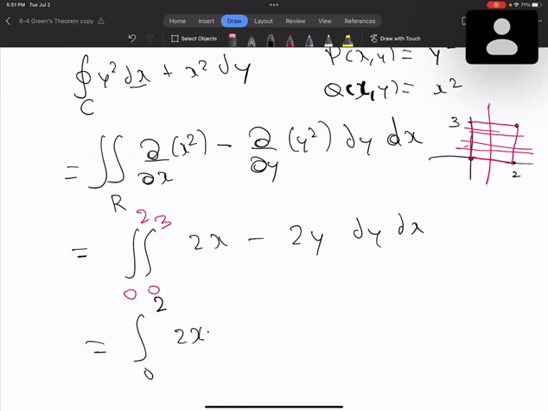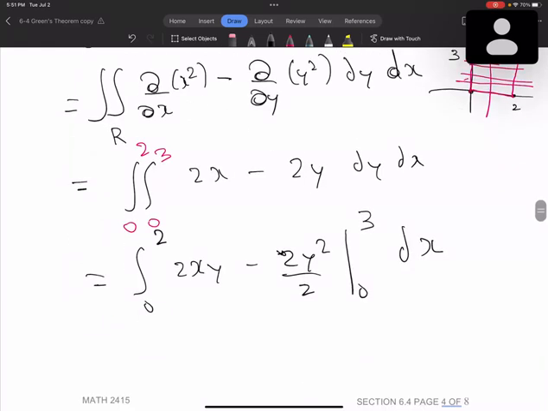That will be 2xy minus 2y squared divided by 2, right? Evaluated between 0 and 3, dx. When you evaluate that, you get 2x times 3 minus 2 times 9, oh, this is half, so this is just 9 minus 9. And then subtract the 0.